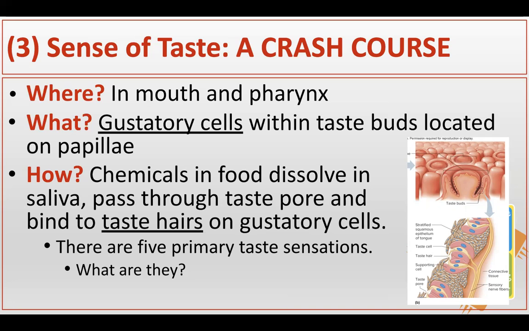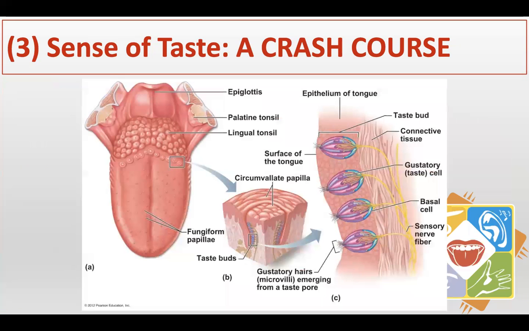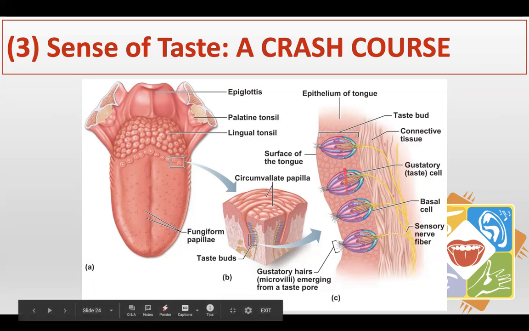Before we get into all 5 of those tastes, let's take a look at the tongue. So you have all these little bumps. Okay, those bumps are not actually taste buds. They are known as papillae, and within the papillae, so like kind of pinching down here, there's where we find our taste buds. Okay, so they're part of the stratified squamous epithelium.